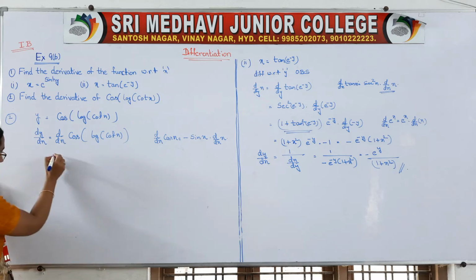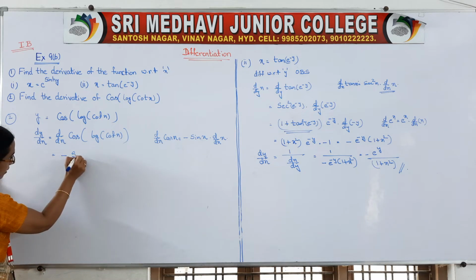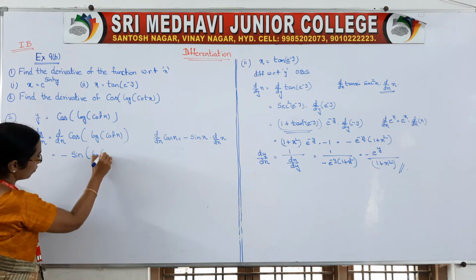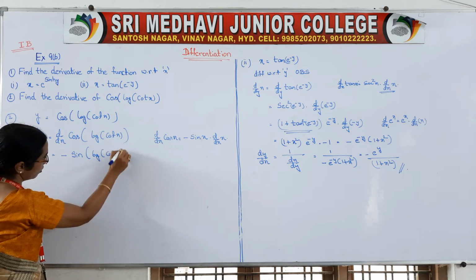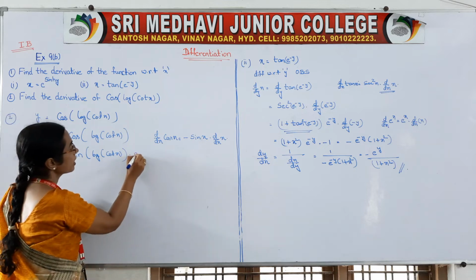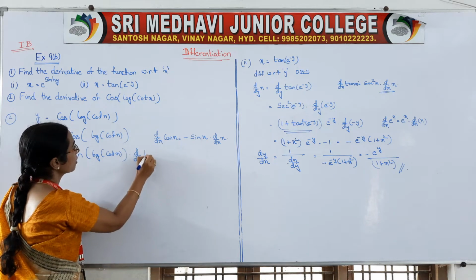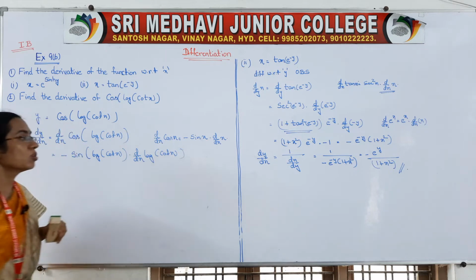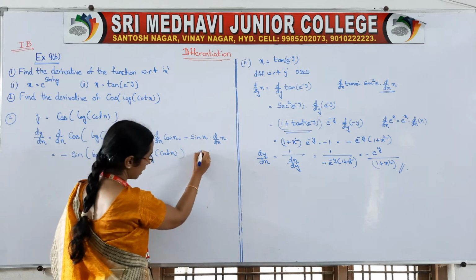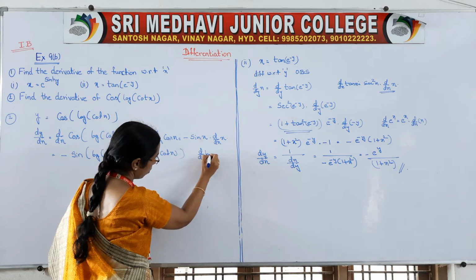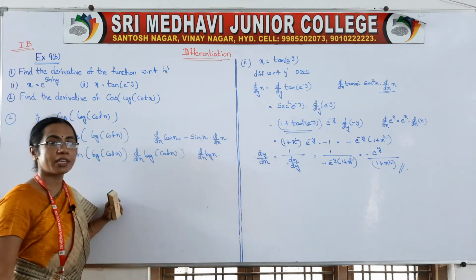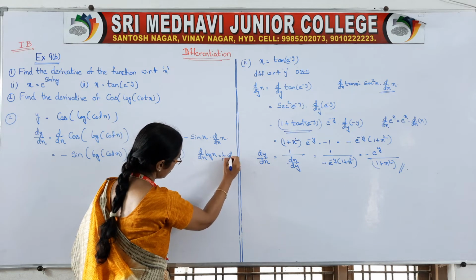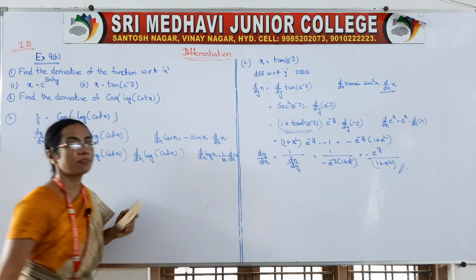So we can write this as minus sine of log of cot x into d by dx of log of cot x. Again the standard formula: d by dx of log of any variable is equal to 1 by that variable into d by dx of that variable.